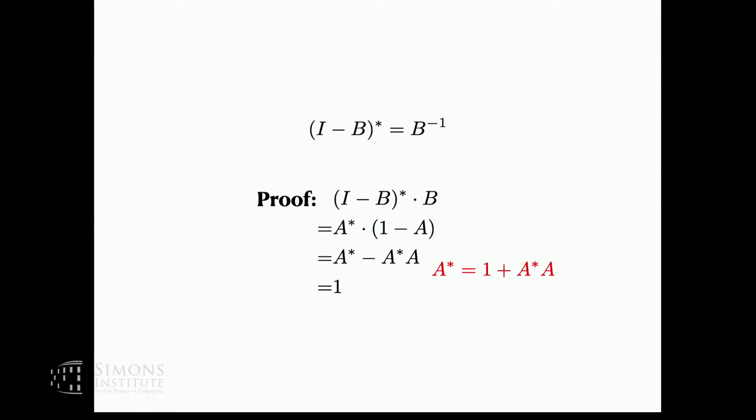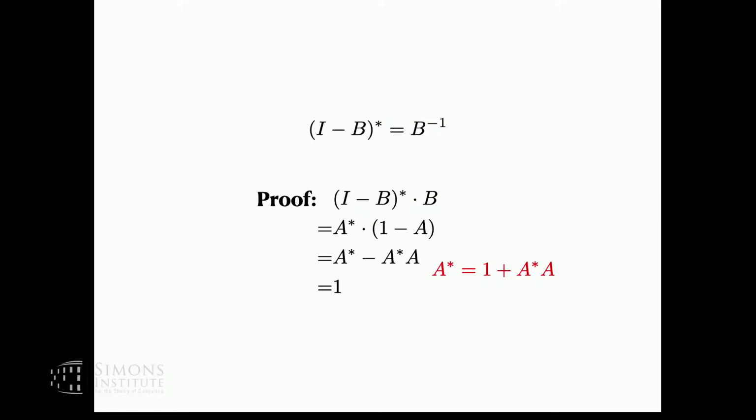Okay, so another cool thing is that we can actually compute matrix inversion with this closure operation, right? And here's the proof. First of all, we basically want to prove that the inverse of B is equal to the closure of I minus B. And then we start like this. We define it like this: we have the closure of I minus B times B. And then we just change variable, right?